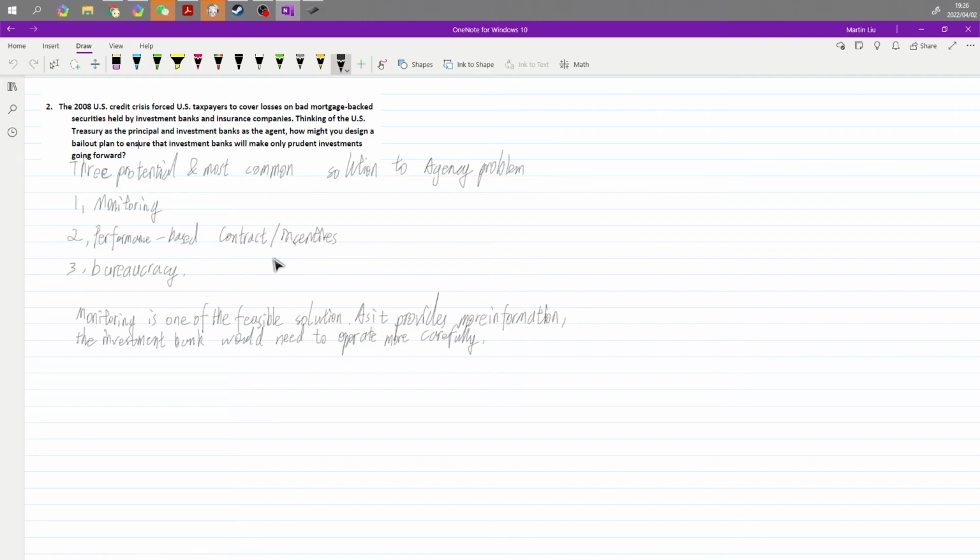And the other one that I would suggest will work is bureaucracy.